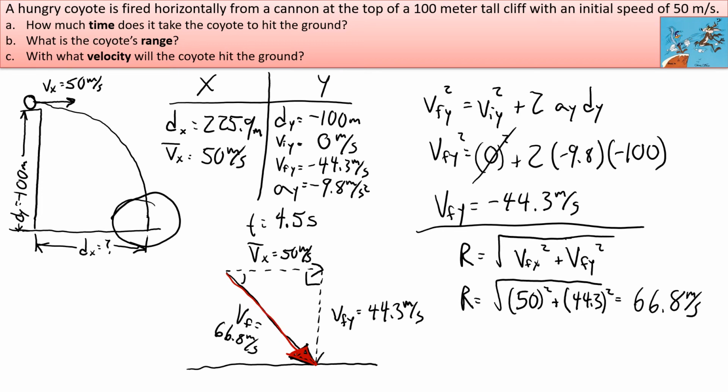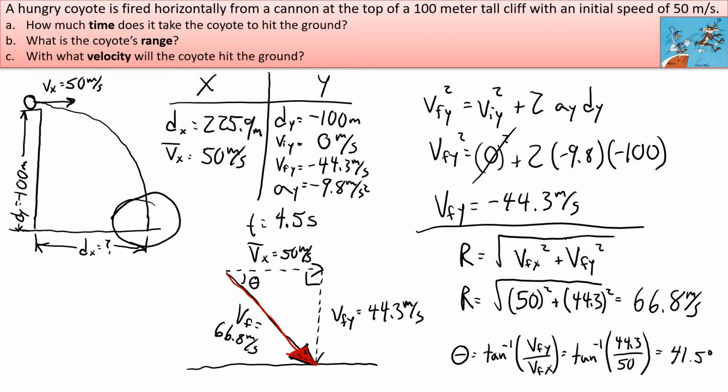So let's find this angle here by using the inverse tangent. We'll substitute in, and you get 41.5 degrees. So that's equal to 41.5 degrees right there.